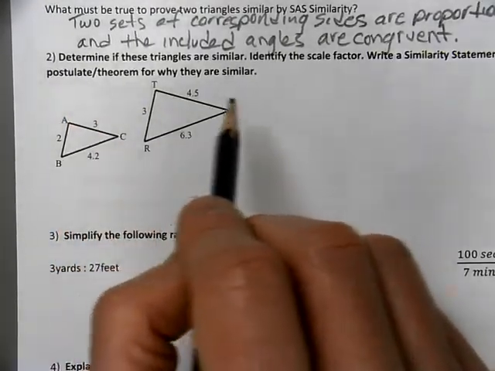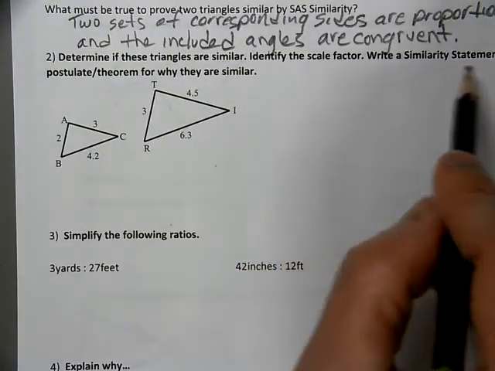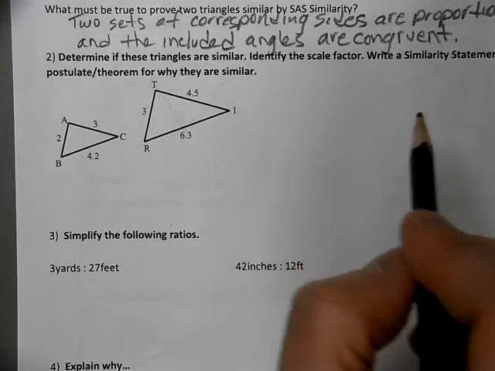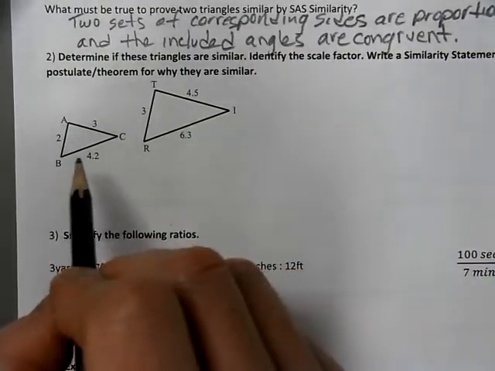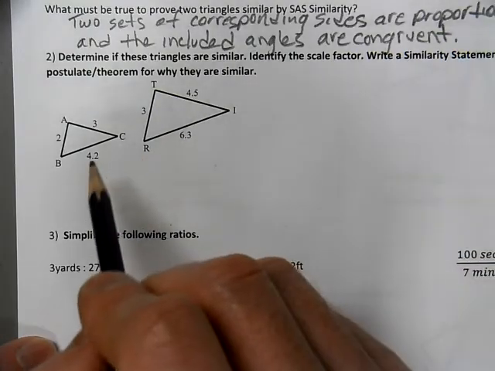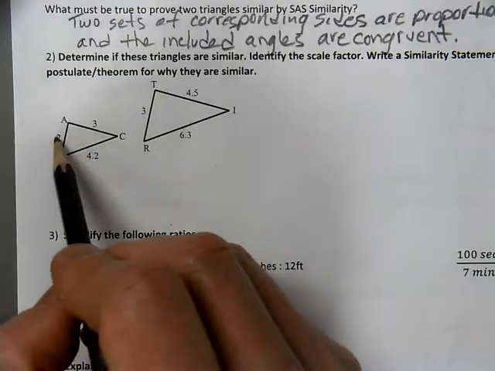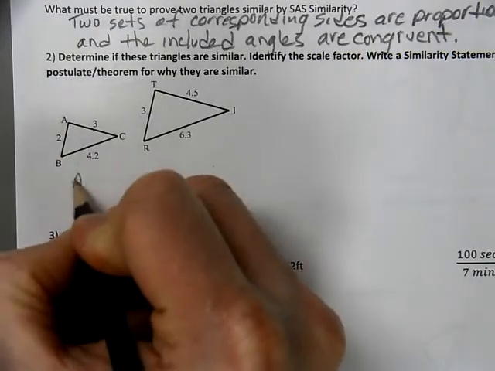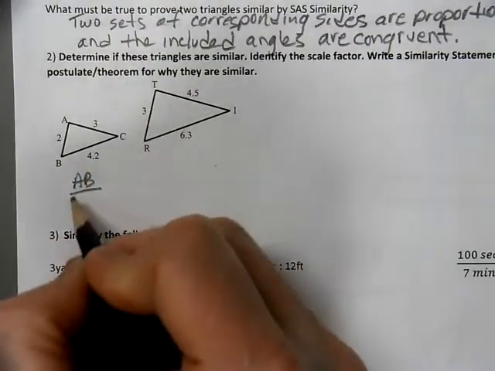Determine if these triangles are similar. We need to identify the scale factor and write a similarity statement. So what we're going to look at, since we don't know what the similarity statement is, we don't know what sides necessarily correspond to each other, we can look at the smaller side and compare that to the smaller side.